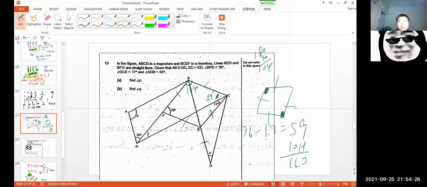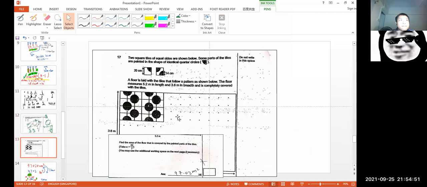So 180 minus 163 is 17. Once you have this, next it says trapezium ABCG. Then you can get this one, Q, already. So 55, 17, 2, 72, 180 minus 72, 108. So Q is 108.